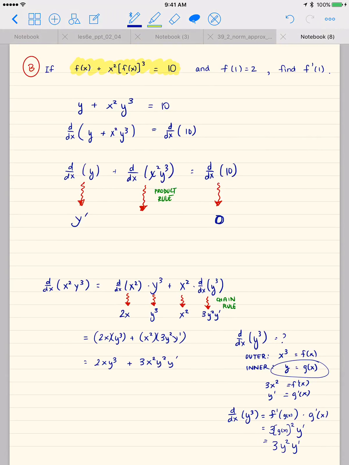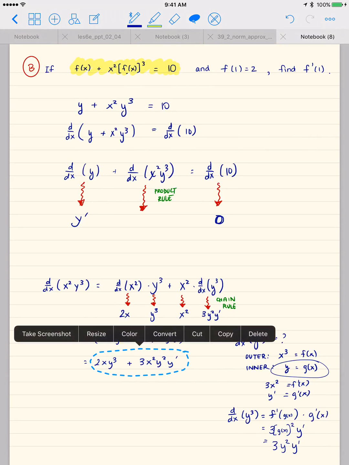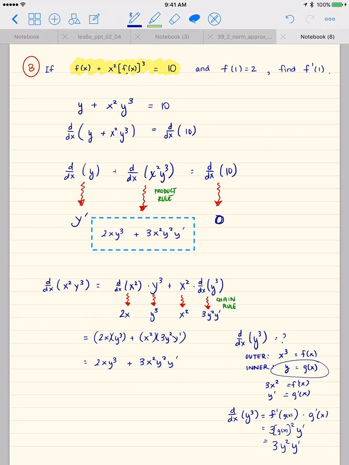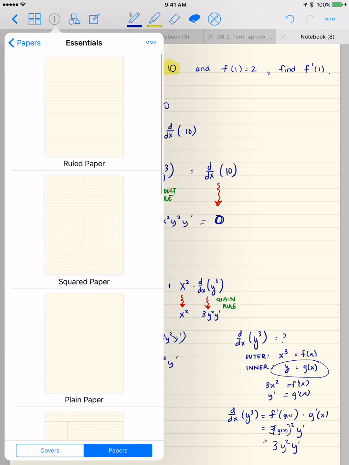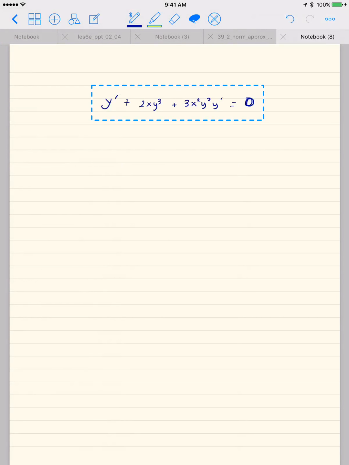And we can put this right up here. Okay. So the equation that we have at this point is that y prime plus 2xy cubed plus 3x squared y prime equals 0. So this is the equation so far.